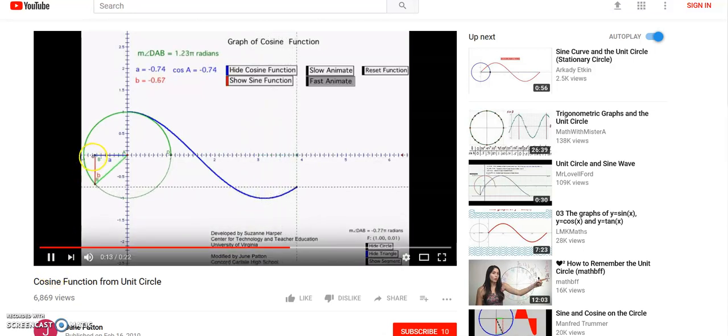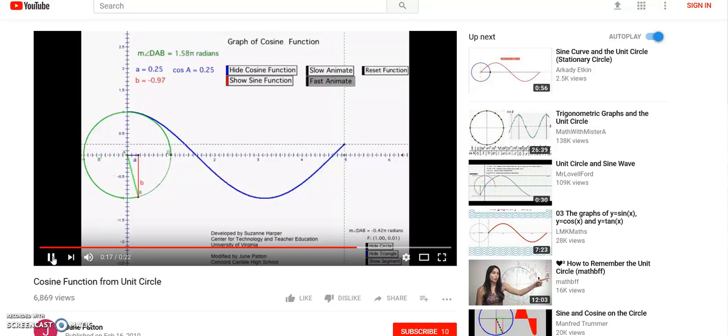And now my cosines are still negative, but getting closer to 0. When I'm at 3 pi over 2, my output is 0. Until I'm back to 2 pi or 6.28. When I get back to 6.28, my cosine value is back to 1, its highest point.